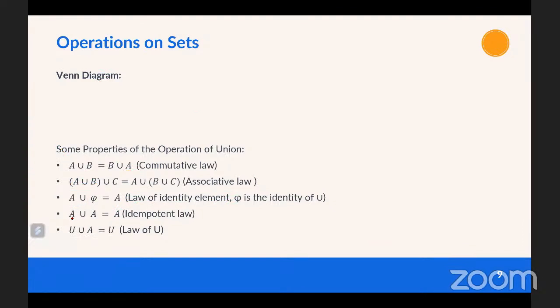Now you have one set A and you are operating it with itself. So union operation has been performed on the set itself. So if there is a set which contains some elements, suppose it contains A, E, I, O, U, the vowels in the English alphabet, and you are performing a union operation between itself.